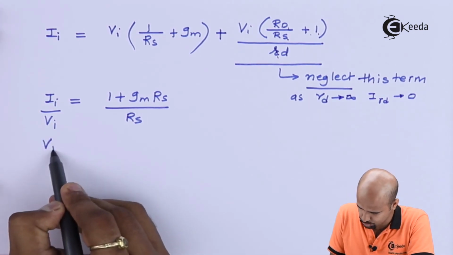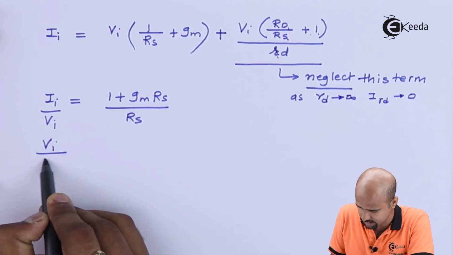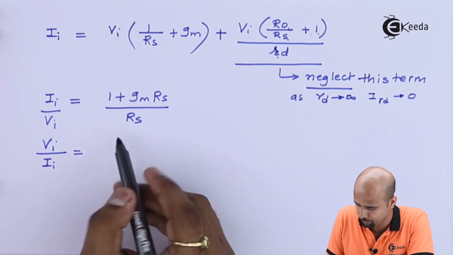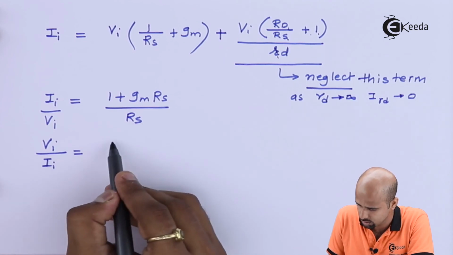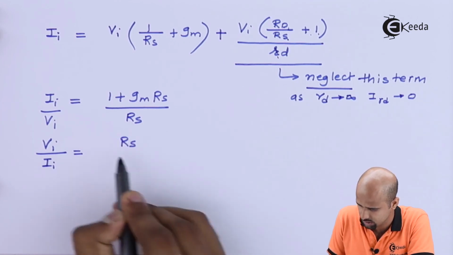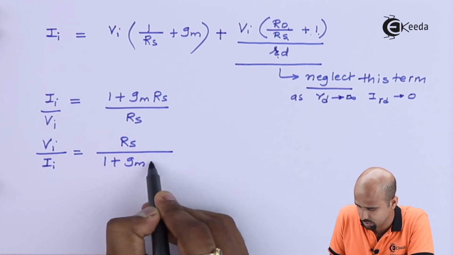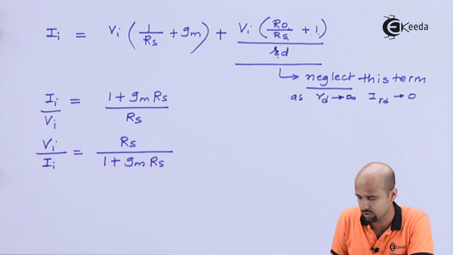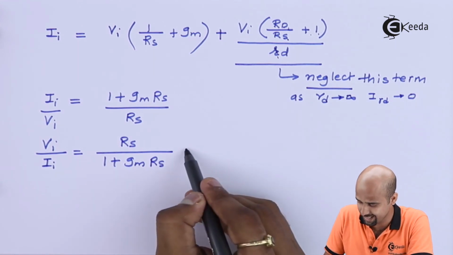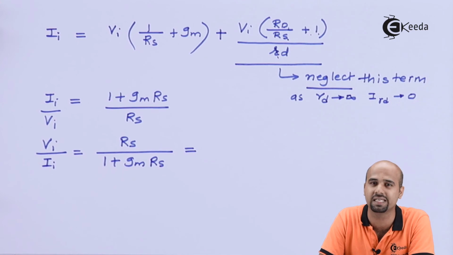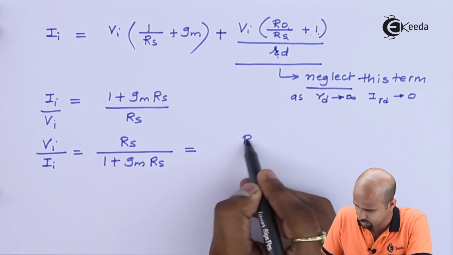We'll reverse this to get the value of input resistance, that is Vi divided by Ii is equal to, the value is inversed, Rs divided by 1 plus gm into Rs. The magic is I can take this in the form of a parallel combination of Rs and inverse of gm. How? Let's see.